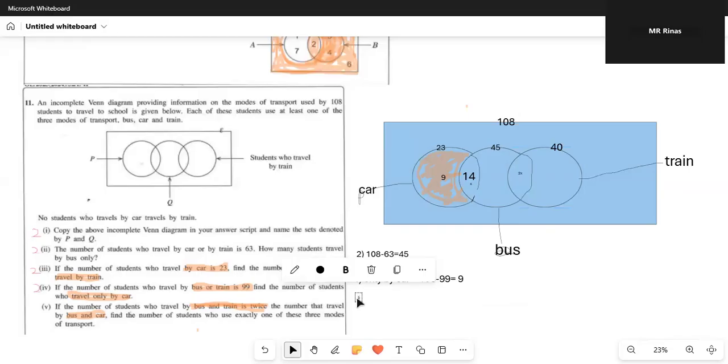Now here see, we know that only by the bus is 9 students.